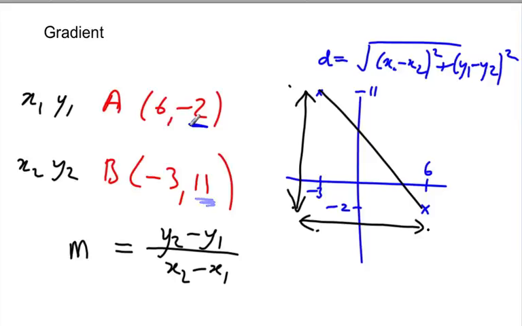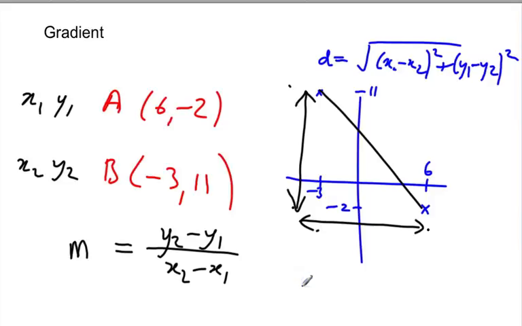So doing it y2 minus y1, we get 13 over x2 take away x1, negative 3 take away 6, negative 9. 13 over negative 9, it's the 13 over 9 with a negative, which is what we want.